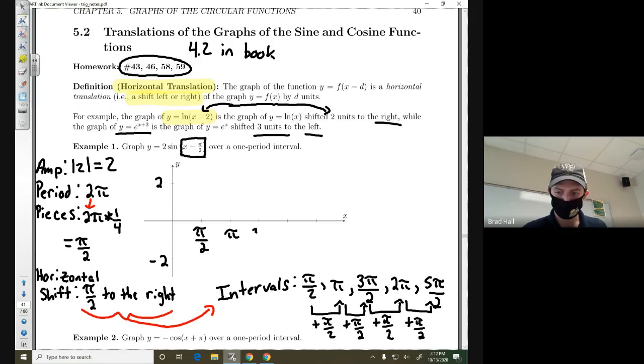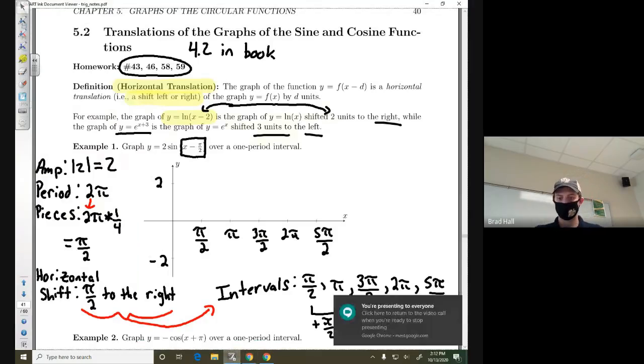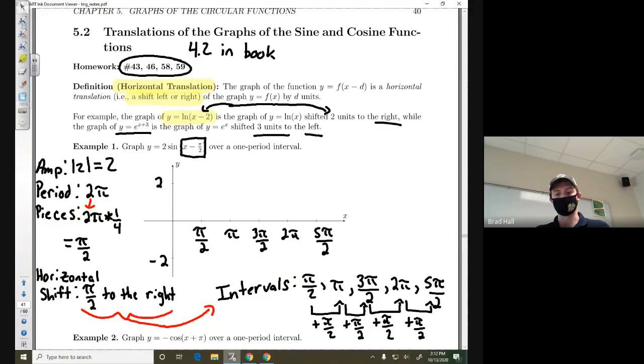Pi, 3 pi over 2, 2 pi, 5 pi over 2. So from here, well, we have our 5 intervals. Now we can go ahead and start to sketch out the shape of sine.